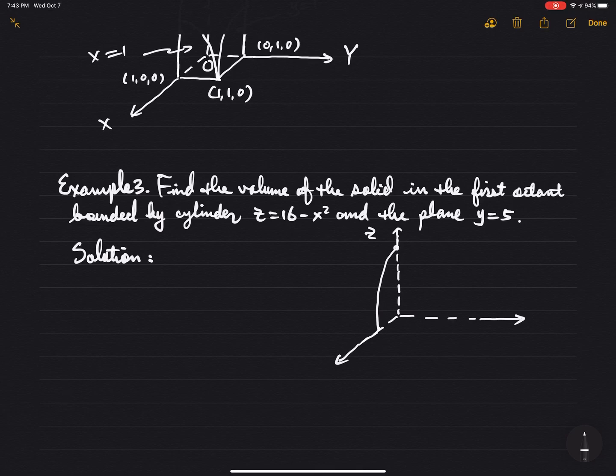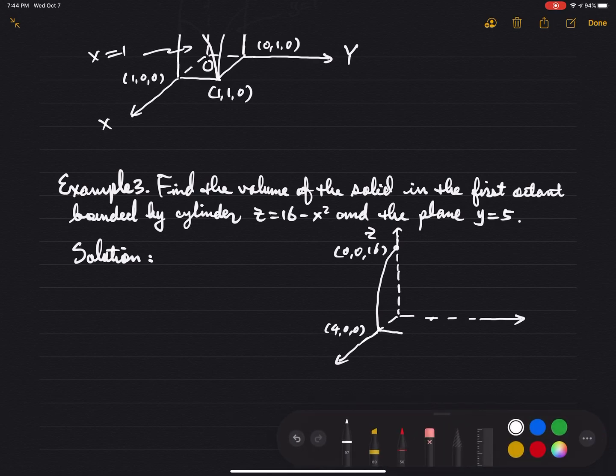Suppose this point is 4, 0, 0, and this point is 0, 0, 16. But we said y equals 5, so y equals 5 is here.